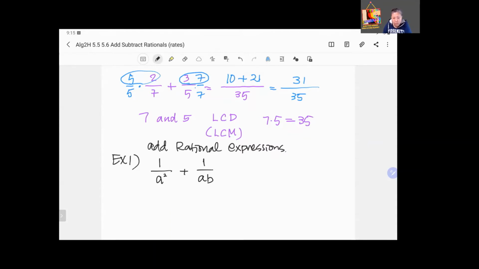So I have to come up with my least common multiple for the common denominator, right?